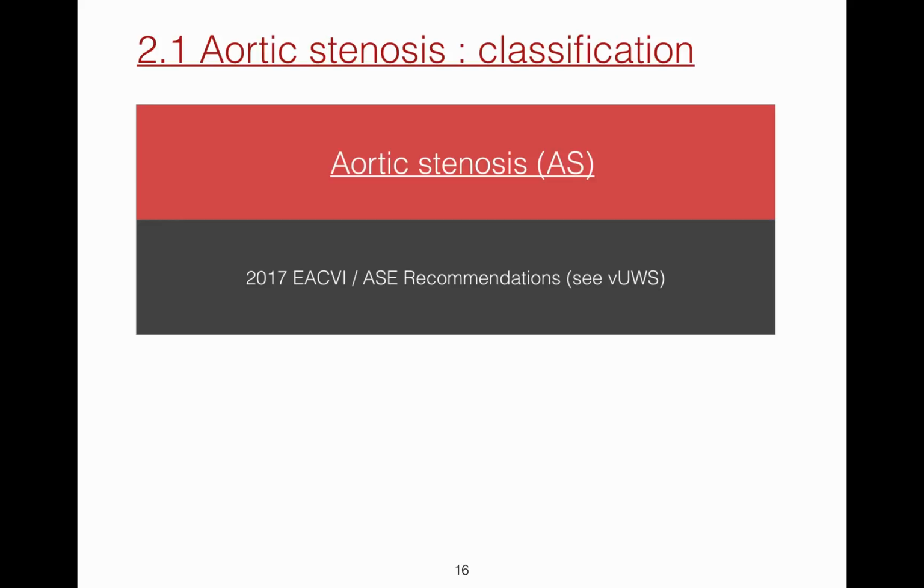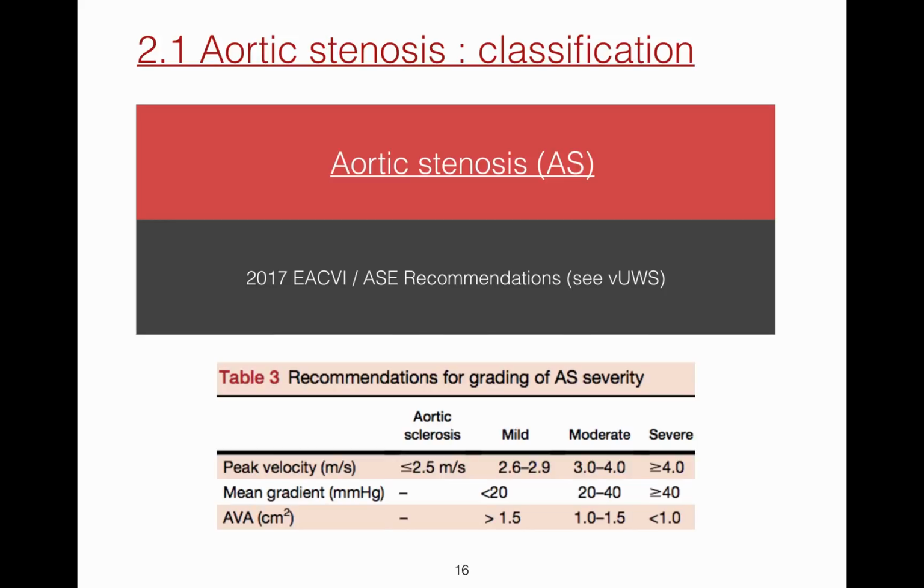In 2017, the European and American associations published ranges that are indicative of the severity of aortic stenosis. That is, ranges that indicate mild, moderate, or severe disease for the three values we've been considering. And these values are part of the course reference values document.